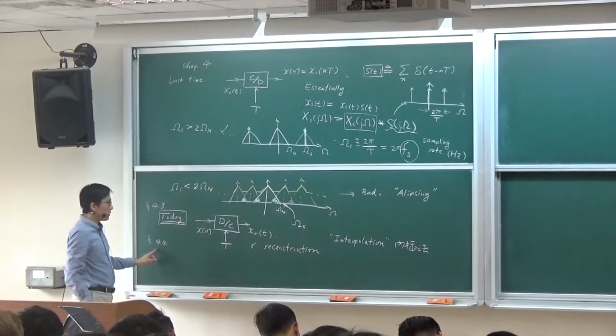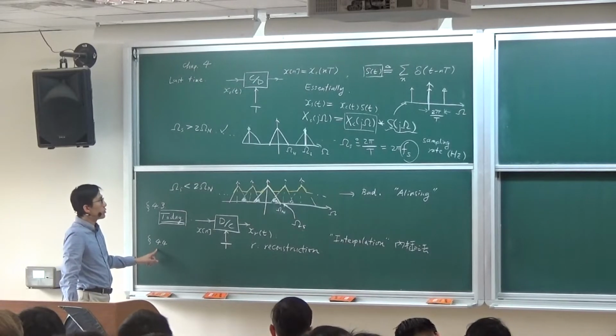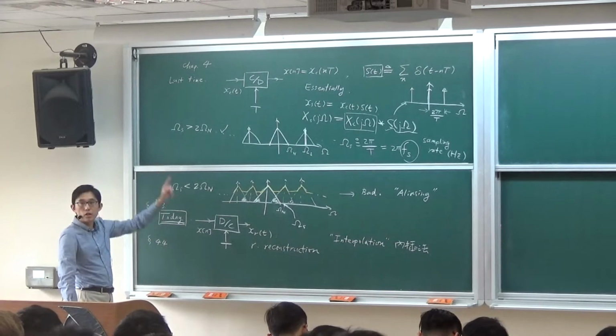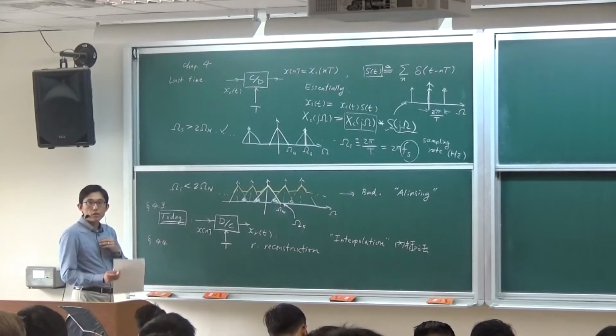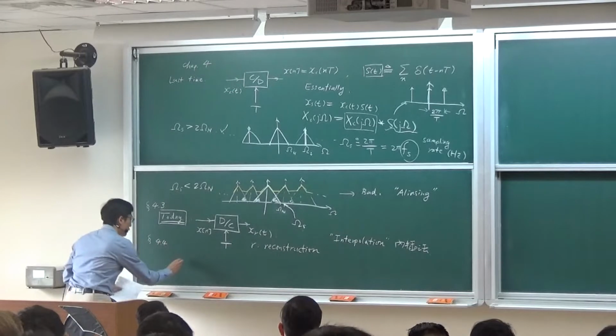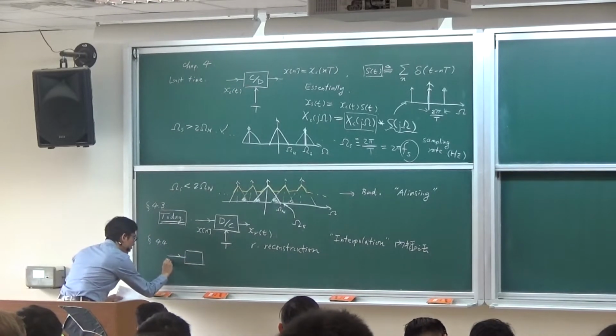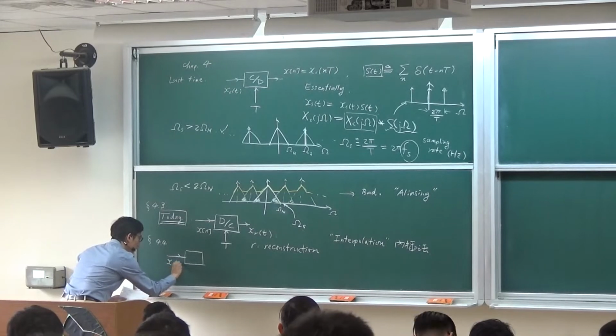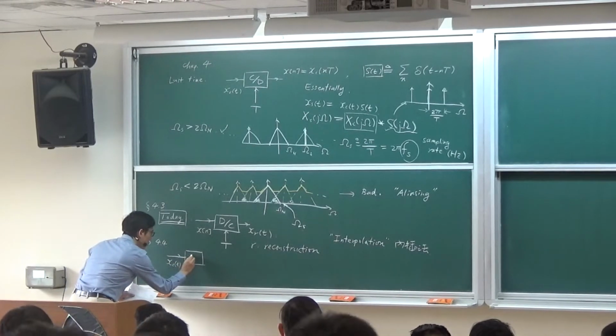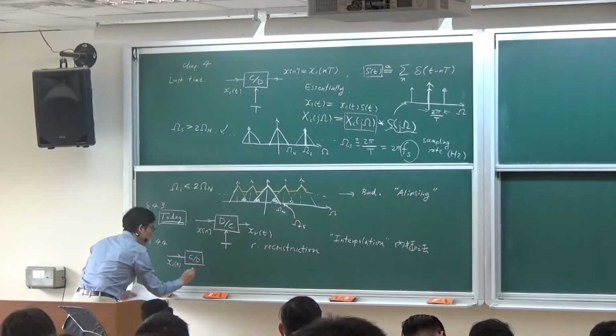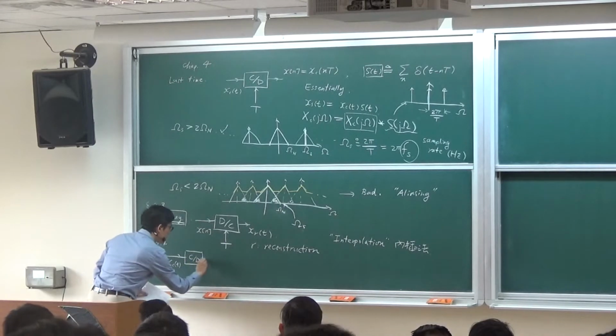So now, the next topic we have is to combine C2D and D2C. Then we have an entire system. Okay? So the next topic is, let's say we begin with a real-world signal that is continuous in time, and we are going to move it from continuous time domain to discrete time domain or digital domain, if you will.